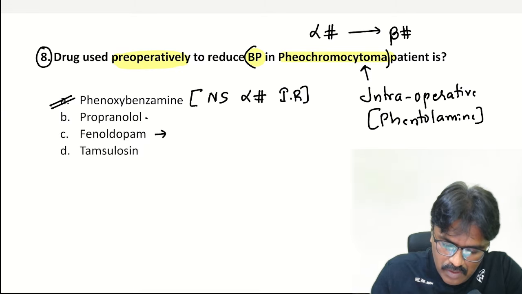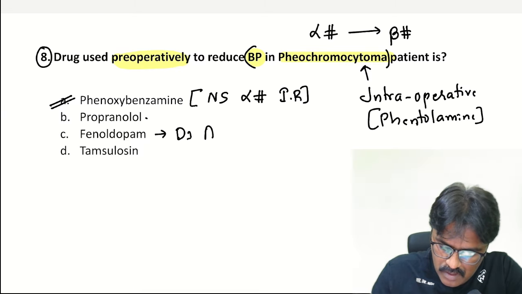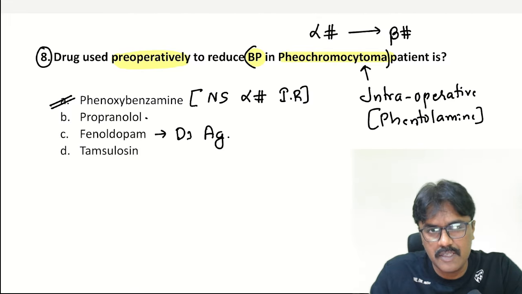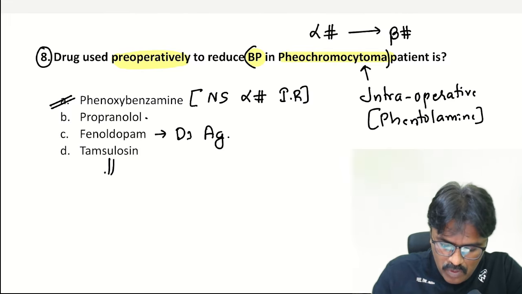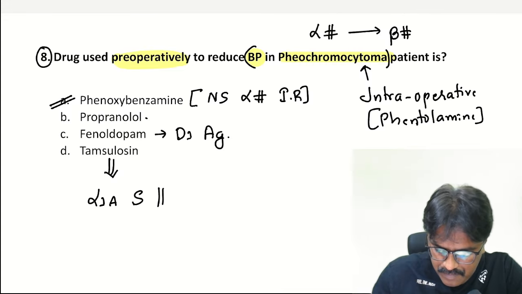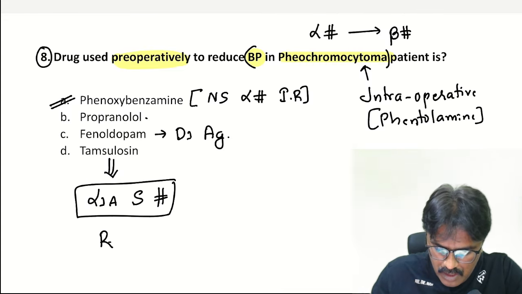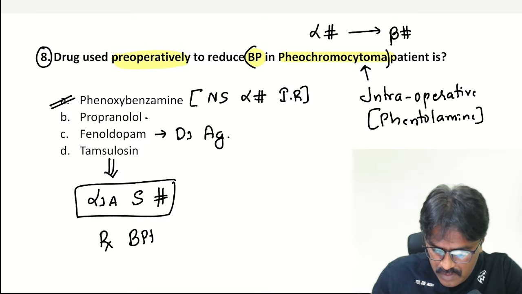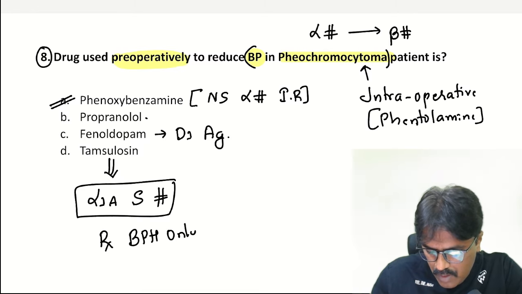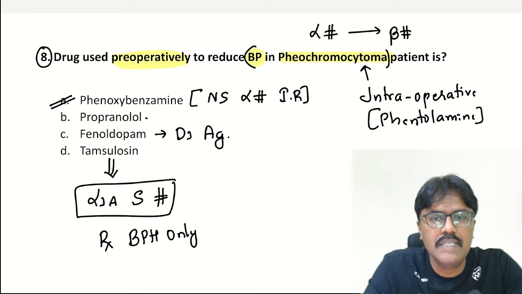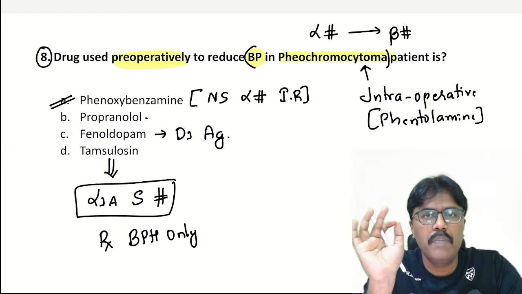Fenoldopam, just now I told you, is a D1 agonist used for hypertensive emergency. Tamsulosin is an alpha 1A selective blocker used to manage BPH only. But one adverse effect of tamsulosin is it can cause floppy iris syndrome.